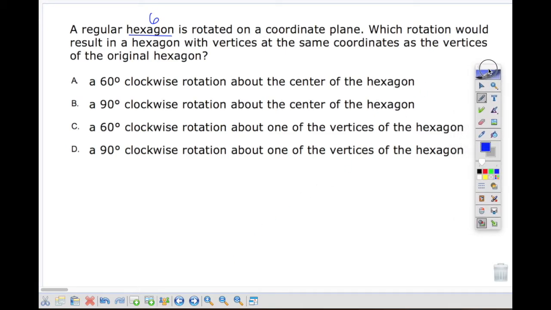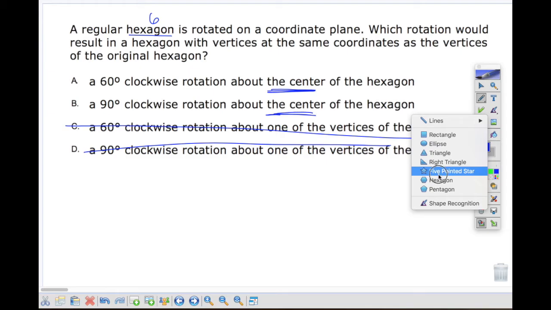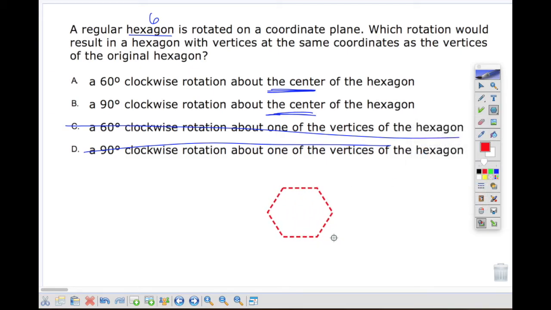And when we look at rotational symmetry, we always look at around the center, not around one of the vertices. Okay, if we rotate it around the vertex, which it probably won't let me do, but if I tried to rotate it around this point, it's not going to be back on itself.